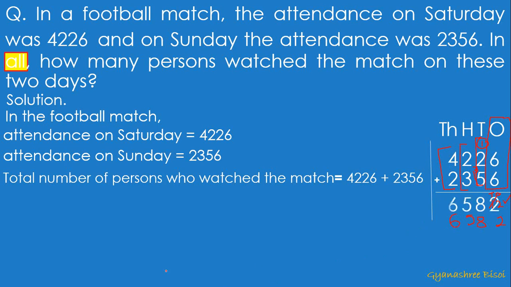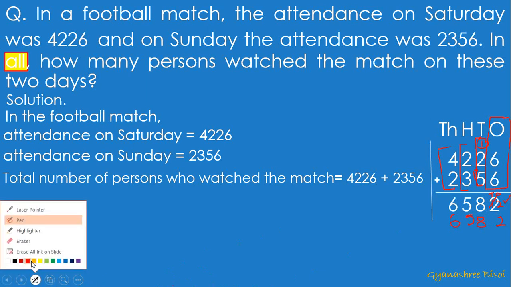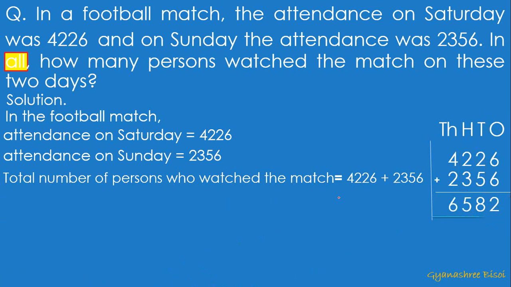So the answer is 6582. Now equals to 6582 persons. This is called labeling. Okay, if I write 6582 and I will not label it, then we cannot understand what this 6582 represents.